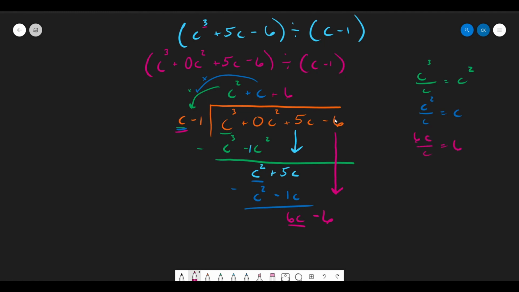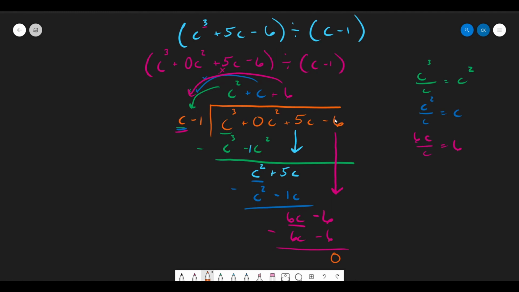Put the 6 up top. Multiply. 6 times c is 6c. 6 times negative 1 is negative 6. I subtract them. And here, 6c minus 6c, that's 0. Negative 6 minus negative 6. Oh, wait, that's 0 too. So I don't have a remainder.